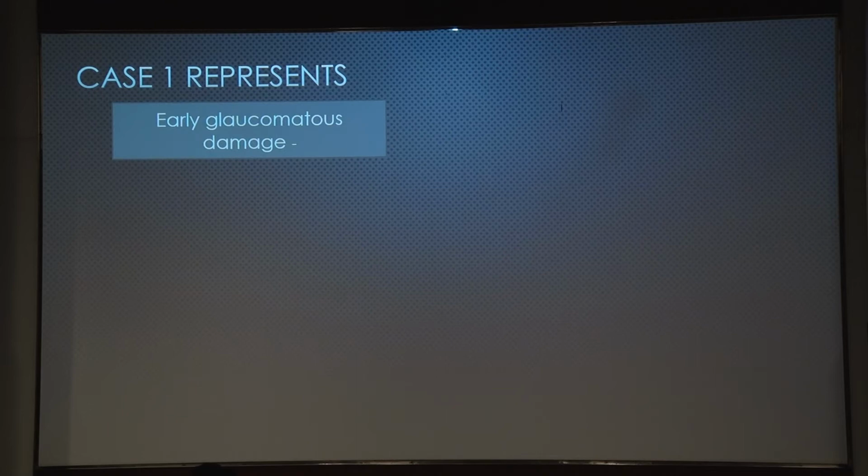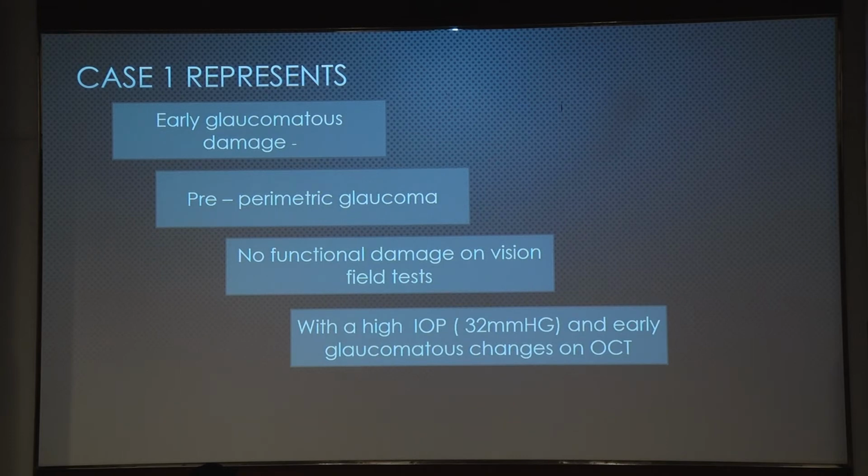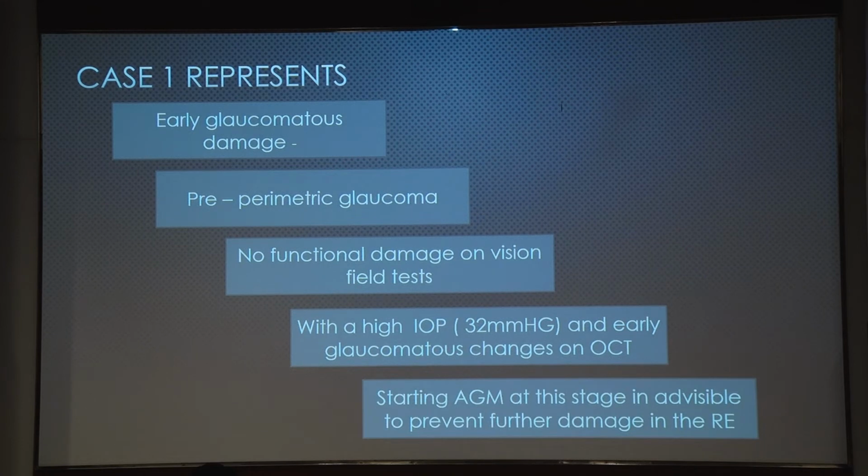So case 1 was an early glaucomatous damage, which can also be called pre-perimetric glaucoma, when there is still no functional damage on the visual field tests, but a high IOP and an early glaucomatous change was noted on the OCT. So starting an anti-glaucoma medication at this stage is advisable to prevent any further damage in the right eye.